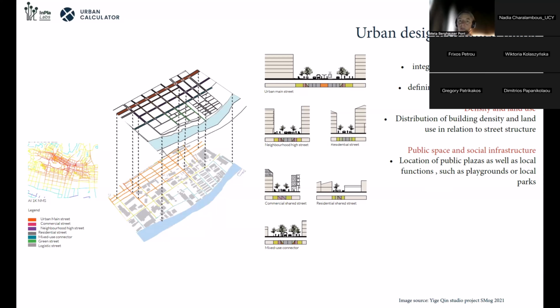So in my land use plan, I have to make sure that I allow for activities to take place along those streets. So understanding what type of street you have also gives you the information to plan for the blocks to allow for certain functions and densities. So that's what we put here.